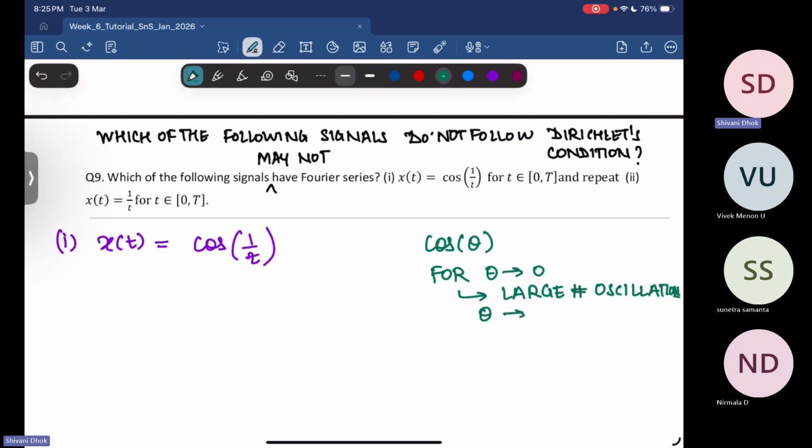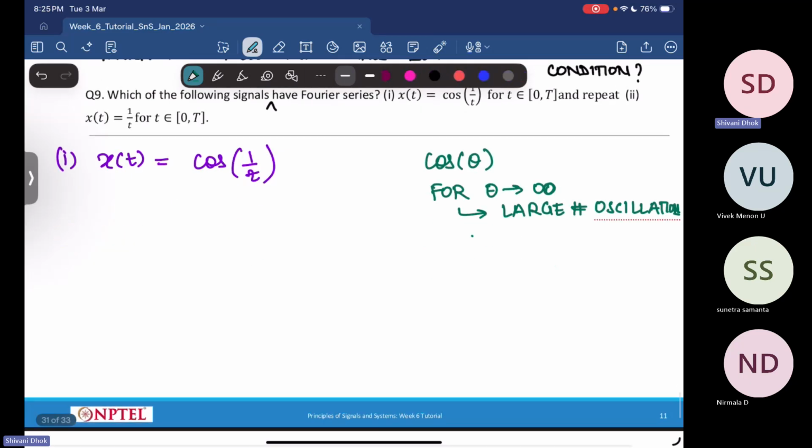Sorry, for sufficiently large theta, you will have a large number of oscillations. When you have small theta, you will have a smaller number of oscillations.